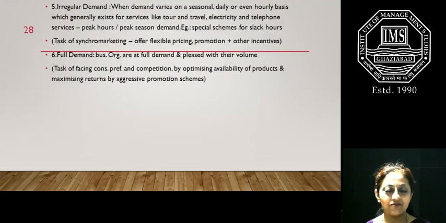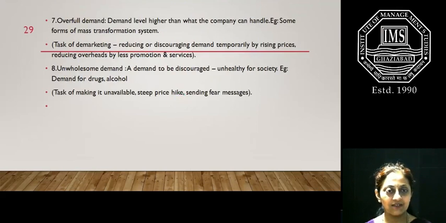So, the task of facing consumer preferences and competition by optimizing availability of products, maintaining good old inventories, and by maximizing returns by aggressively using very strong promotion schemes are a few tasks which must be performed in order to improve on the span of this full demand.